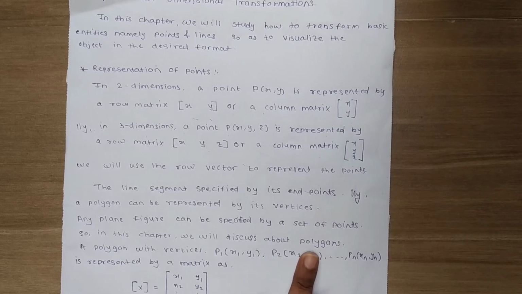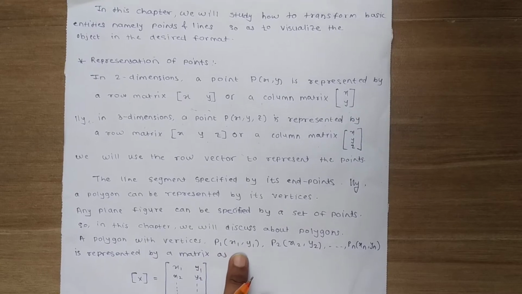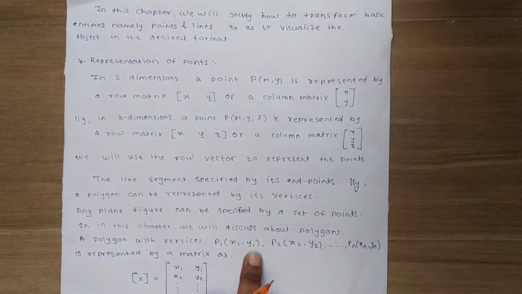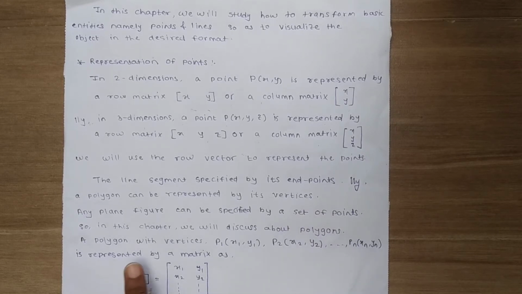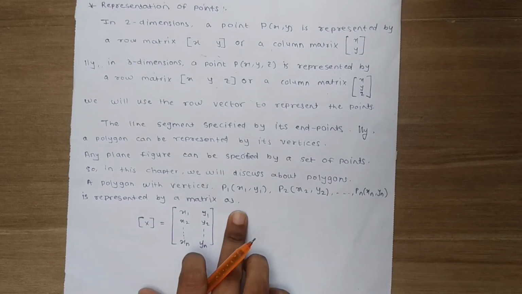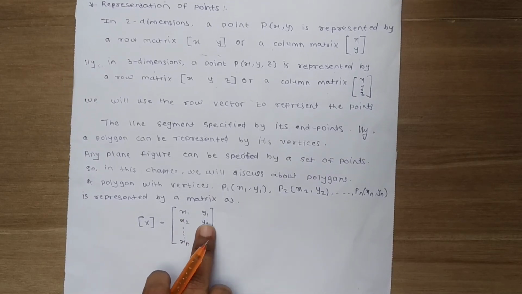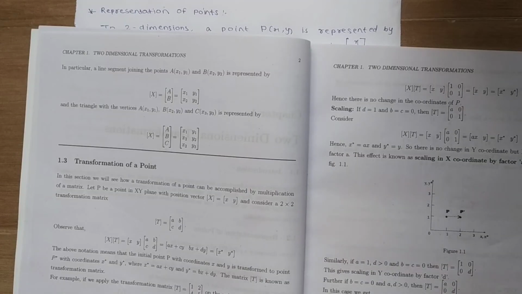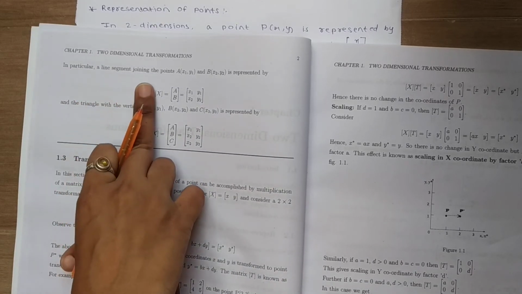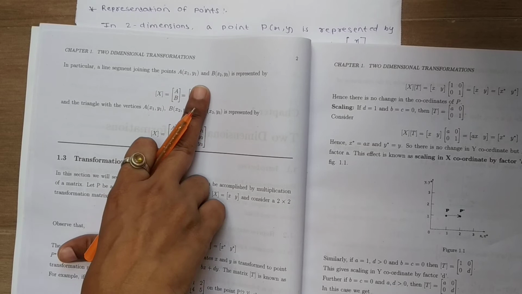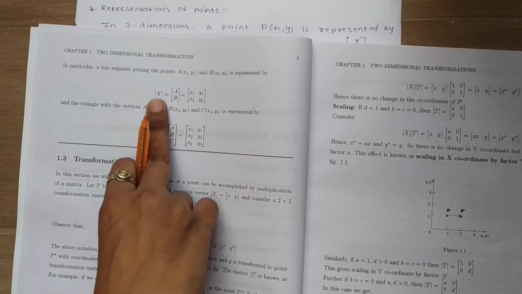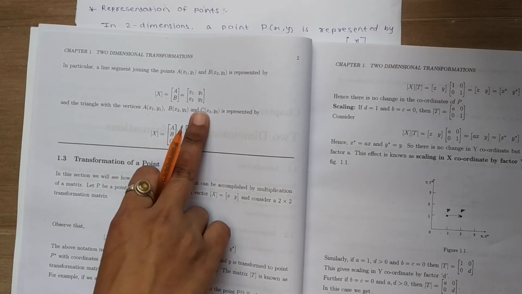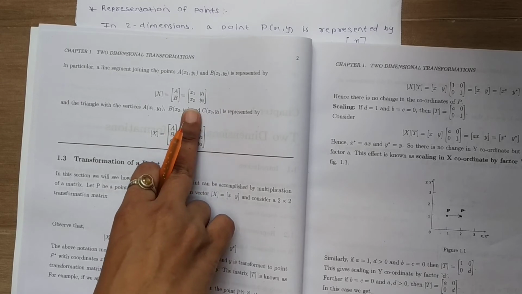A polygon with n vertices P1(x1, y1), P2(x2, y2) up to Pn(xn, yn) is represented by a matrix X with rows x1 y1, x2 y2, and so on up to xn yn. In particular, a line segment joining the points A(x1, y1) and B(x2, y2) is represented by the matrix with rows x1 y1 and x2 y2.